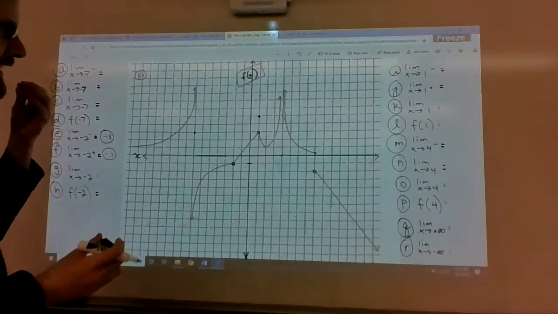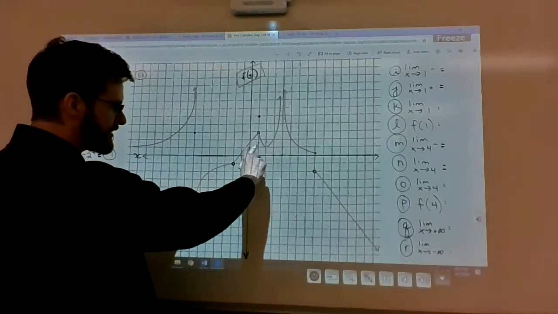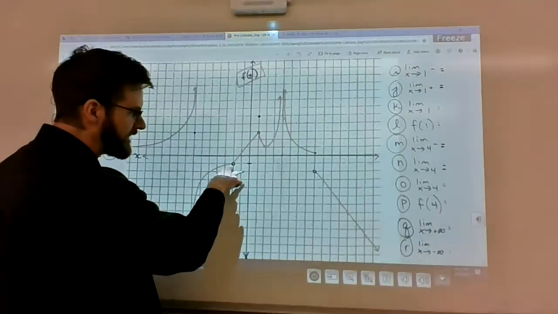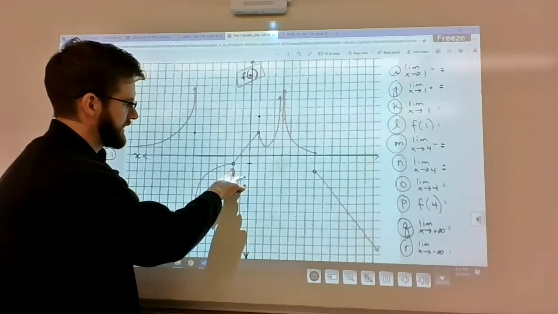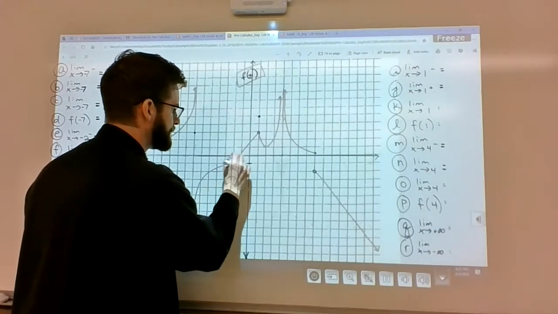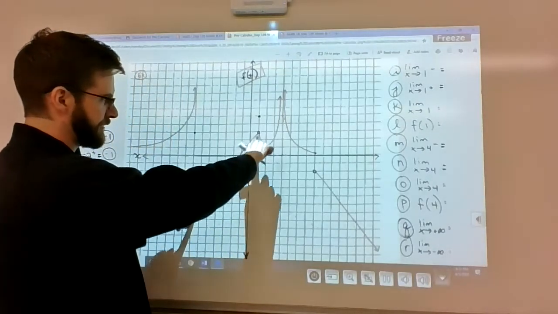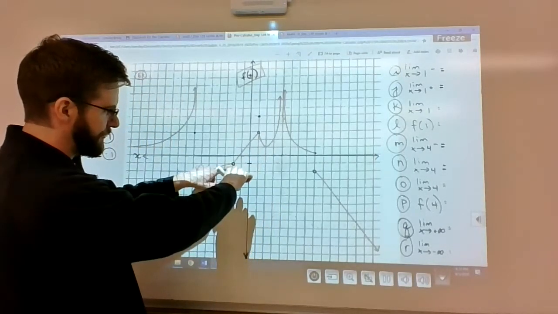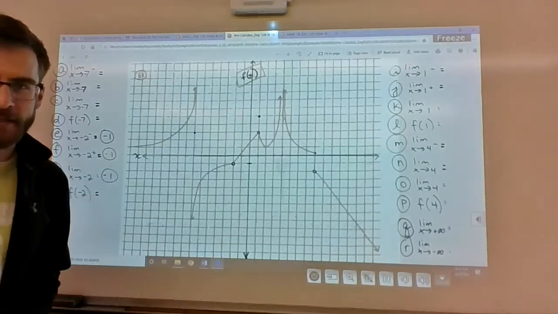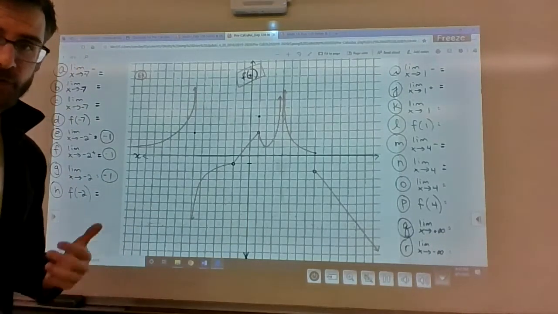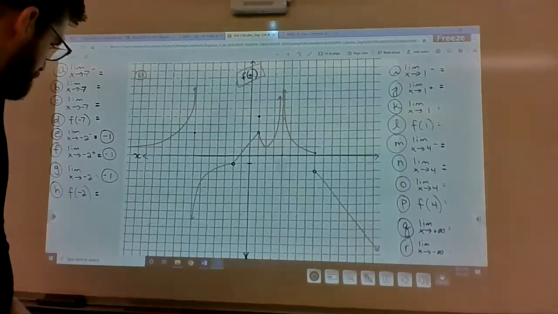The function is trying so hard to be -1 right there, but it never actually becomes -1. Okay? So it's really unfortunate for this function that it never did become -1, but it lives in its limit. So the limit as x approaches -2 is equal to -1.